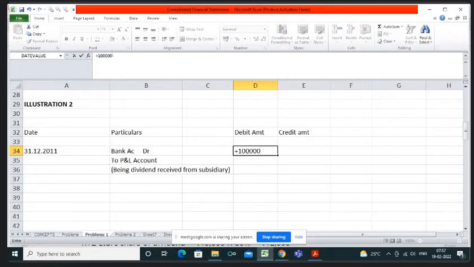Of this 1 lakh, the holding company has only 80%. So 1 lakh into 80%, into how much is the total dividend? The total dividend is 15,000.